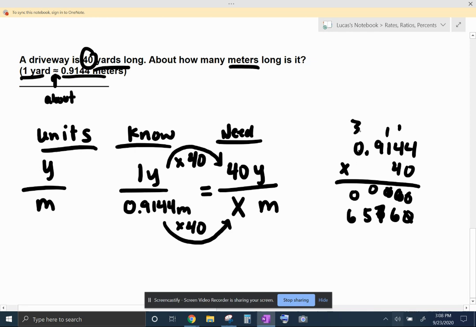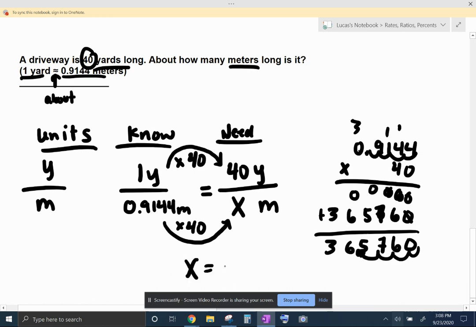And then 3. So it's going to be 0, 6, 7, 5, 6, 3. And we have 1, 2, 3, 4 decimal places here, so it's going to be 1, 2, 3, 4 decimal places here. So our X amount is 36.576 meters.